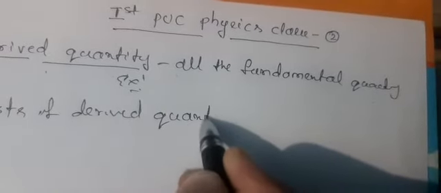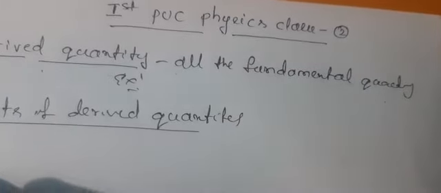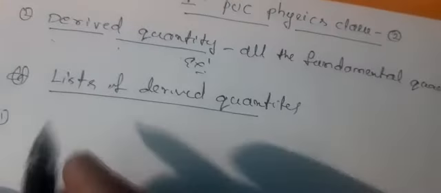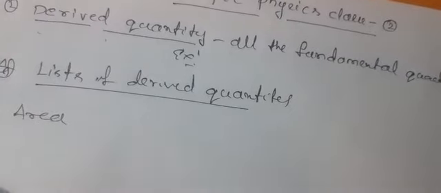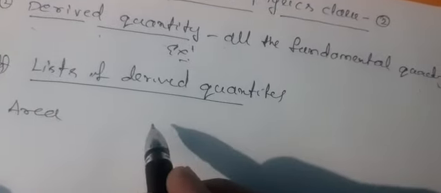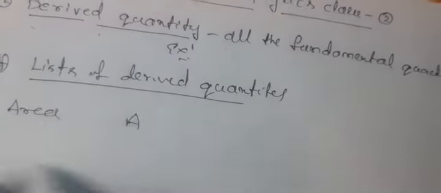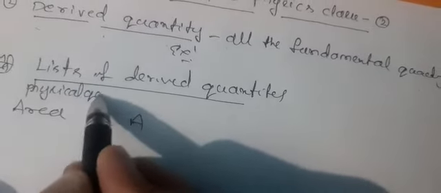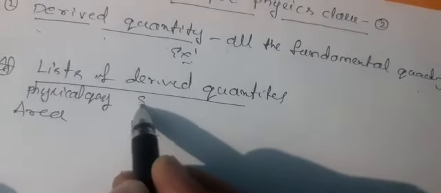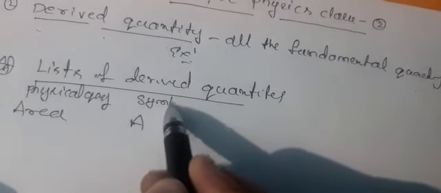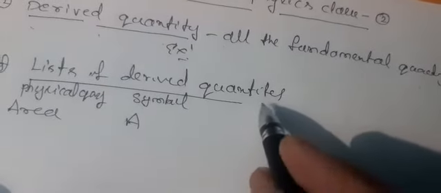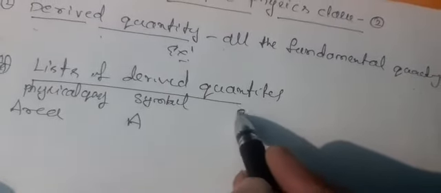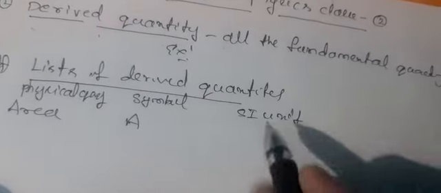First one is area. The symbol of area is capital A. In the table, the first column represents the physical quantity, the second column represents the symbol of the physical quantity, and the third column represents the unit in the SI and CGS systems.